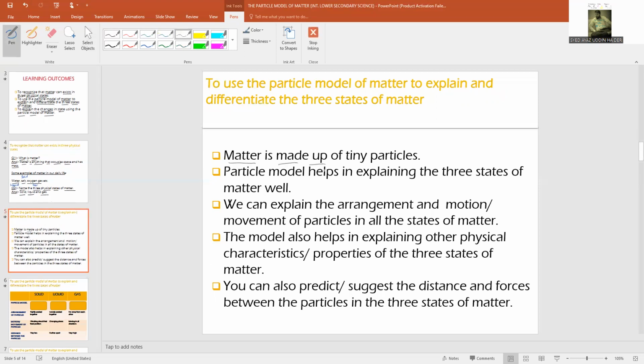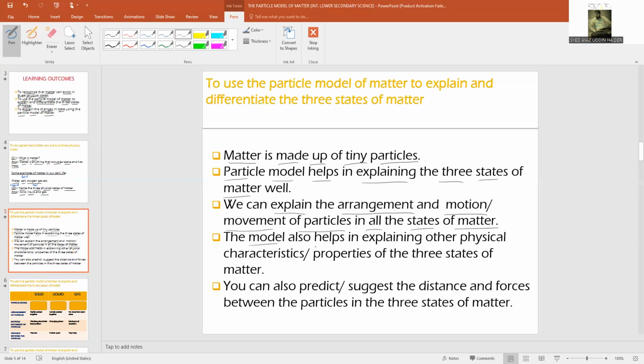Matter is made up of tiny particles. The particle model helps in explaining the three states of matter well. We can explain the arrangement and motion or movement of particles in all the states of matter.